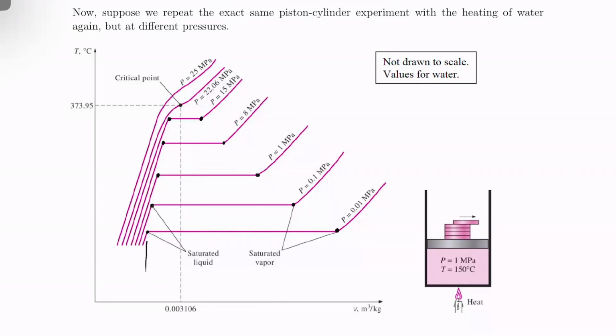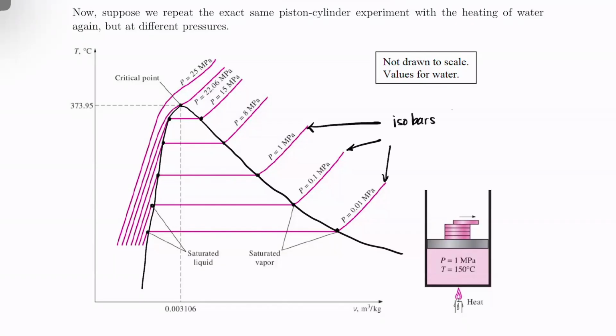This is much harder than it looks. All right, so we have our curve like so. All right, and each of these lines here are our different experiments for different pressures. So each line represents an isobar. These are constant pressure lines.